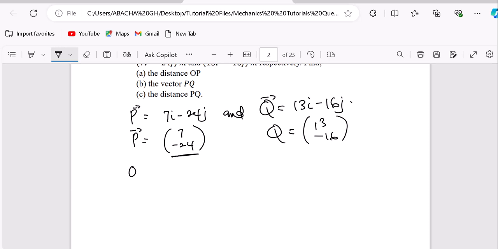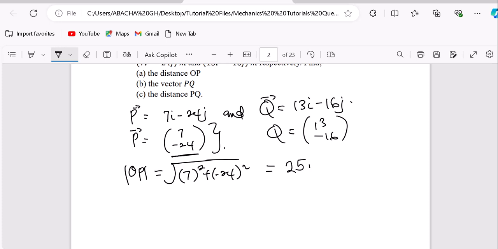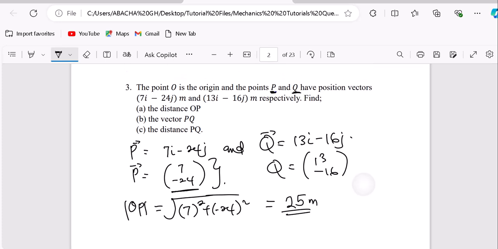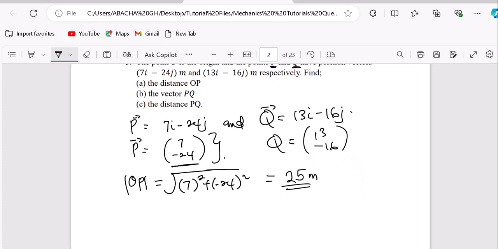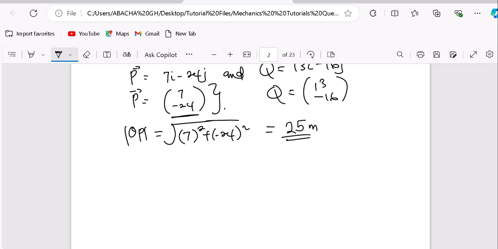So the distance OP is equal to the root of the sum of the squares: 7 squared plus negative 24 squared. You do your arithmetic and you have 25 meters as the distance.